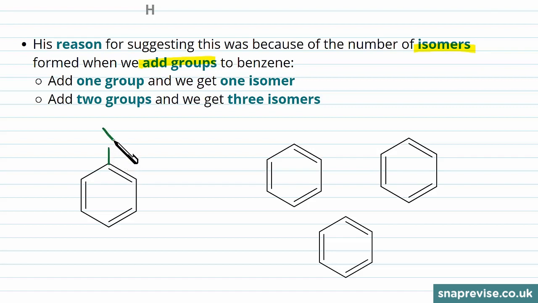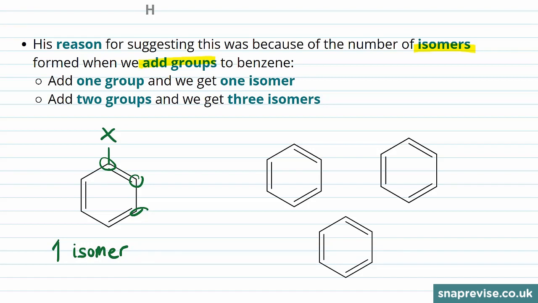This is consistent with the structure that Kekulé put forward, because if we were to add in a group here, which we'll call X, to replace a hydrogen, then you could just rotate this structure and it wouldn't matter which carbon, whether it's here, here, here, or all the way around, you put it on, because they're all equivalent because of the symmetry of the molecule. So there's only one isomer here, which matches up to the experimental findings.